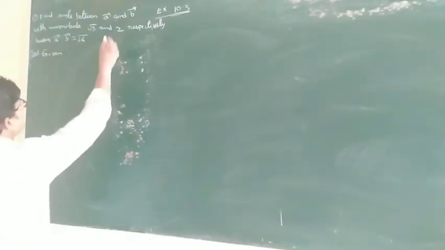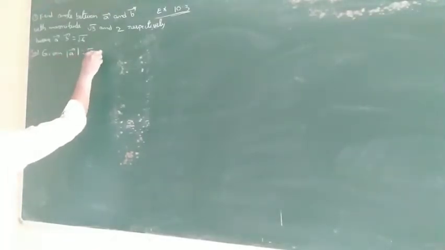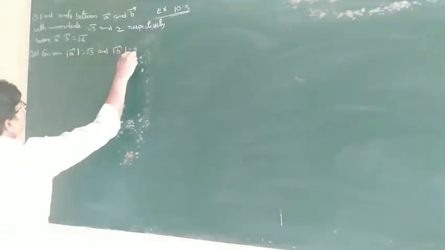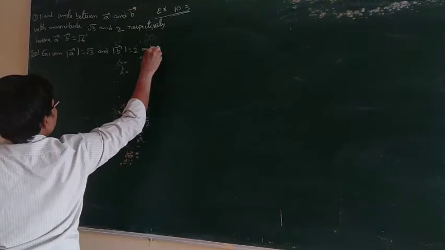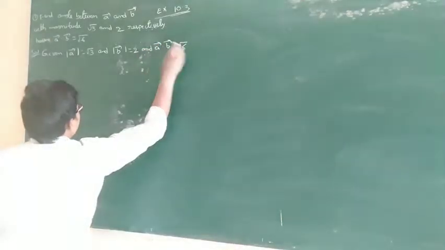Okay, so what is given: find the angle between a bar and b bar with magnitudes. Mod a bar is equal to root 3, mod b bar is equal to 2, and a bar dot b bar is root 6.